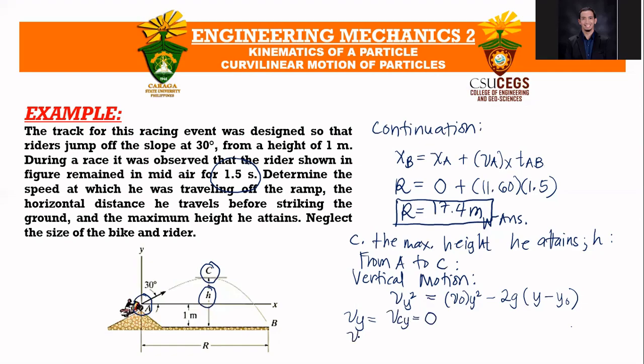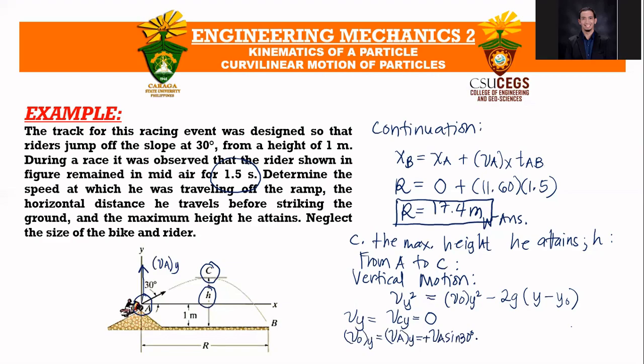Our initial velocity with respect to y is equal to the y component of the velocity at point A. So that would be VA sine 30 degrees. And our VAY is this one, the same as what we solved earlier in the previous slide. And since it is upward, that would be a positive value.